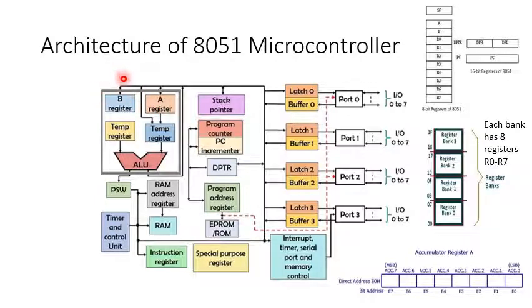Since 8051 is a bit as well as byte processing processor, we have also named it a Boolean processor. So all the registers are bit as well as byte accessible. It is used in conjunction with the A register as an input operand for the ALU. It is used as a general purpose register to store 8-bit data.